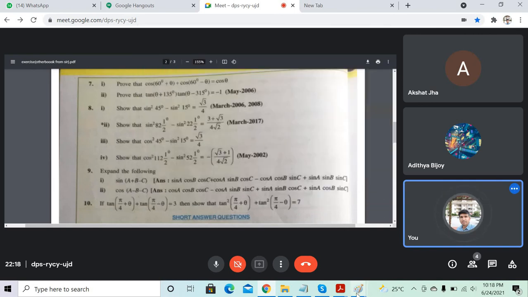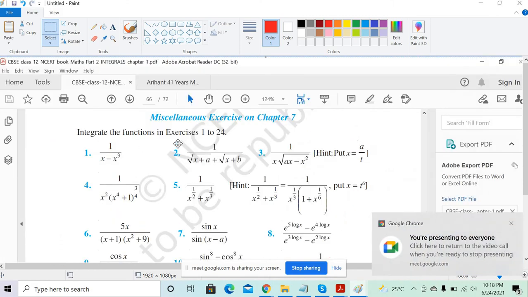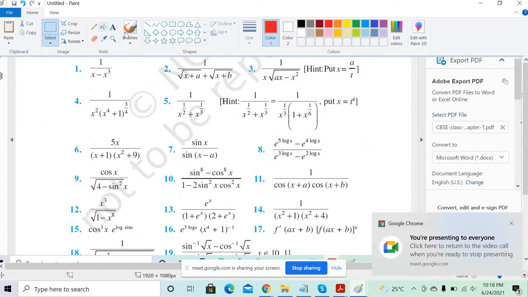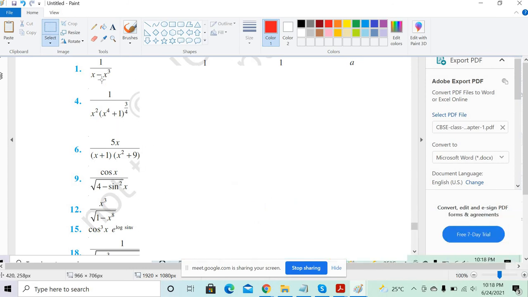Okay, can you see my screen now? Yes, sir. Okay, whenever this kind of problem comes, always think about this part. Anything which is inside this is a part of the denominator. When you try to differentiate, automatically the power will get increased.